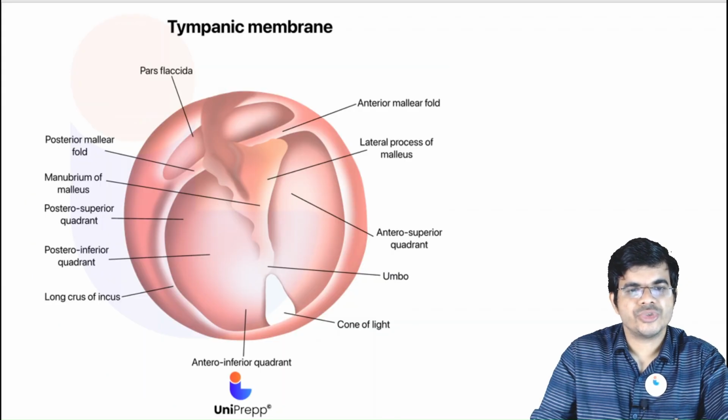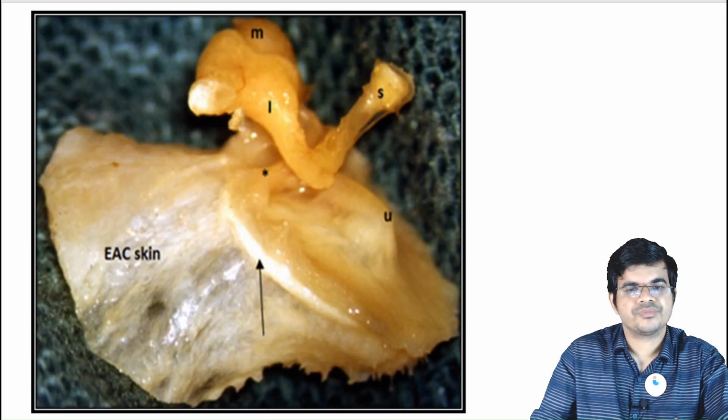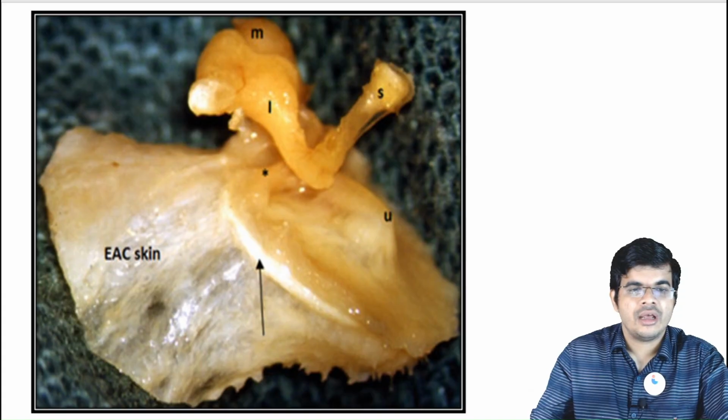These are the things that you see in case of a tympanic membrane, and this is another section of the tympanic membrane that you can see here. Oh, sorry, it's a coronal section, not sagittal. When you take the coronal section like this, you will be able to clearly see the annulus.